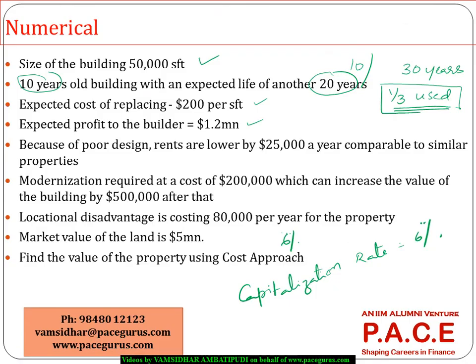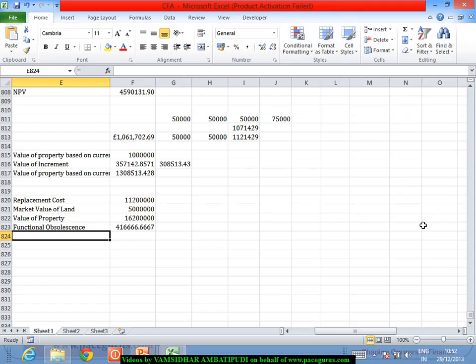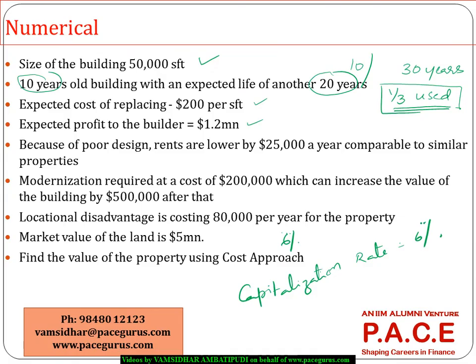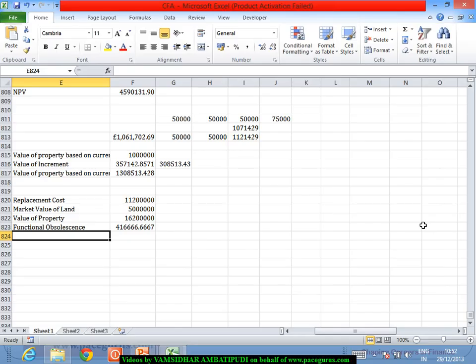Modernization is required at a cost of 200,000. The modernization cost I can compute as purely a physical deterioration which is curable.